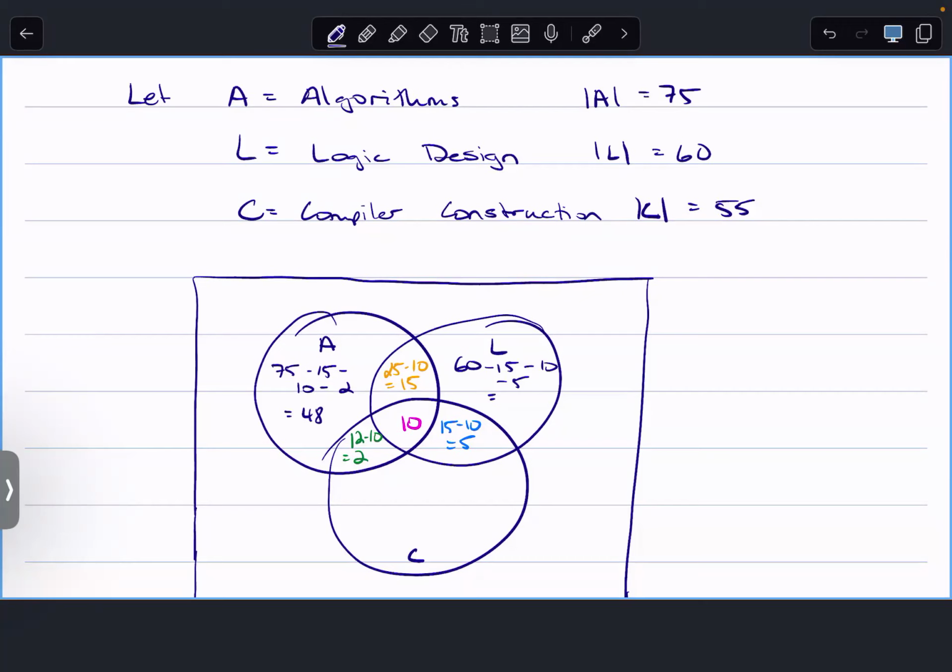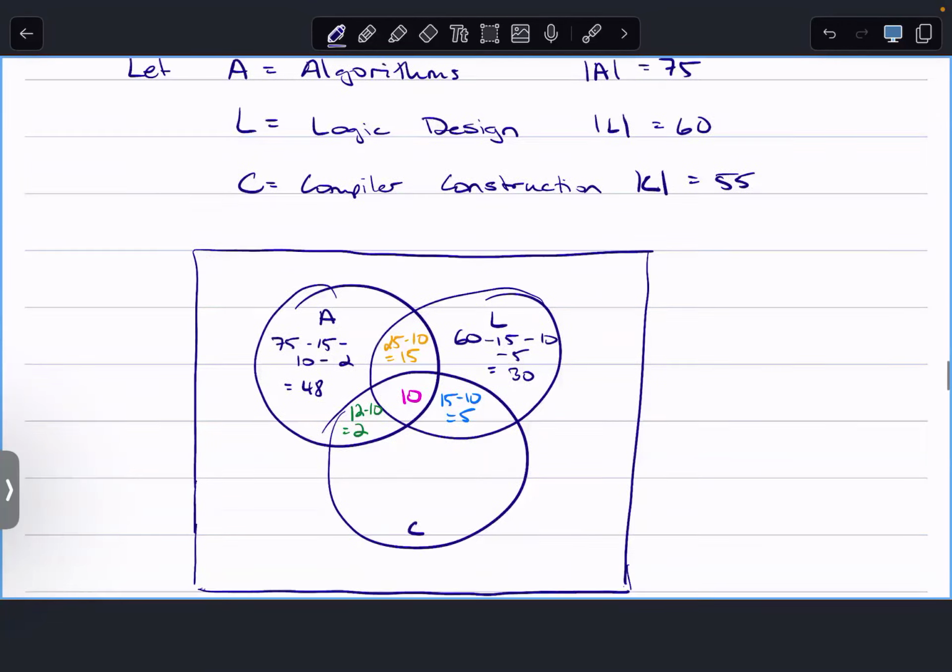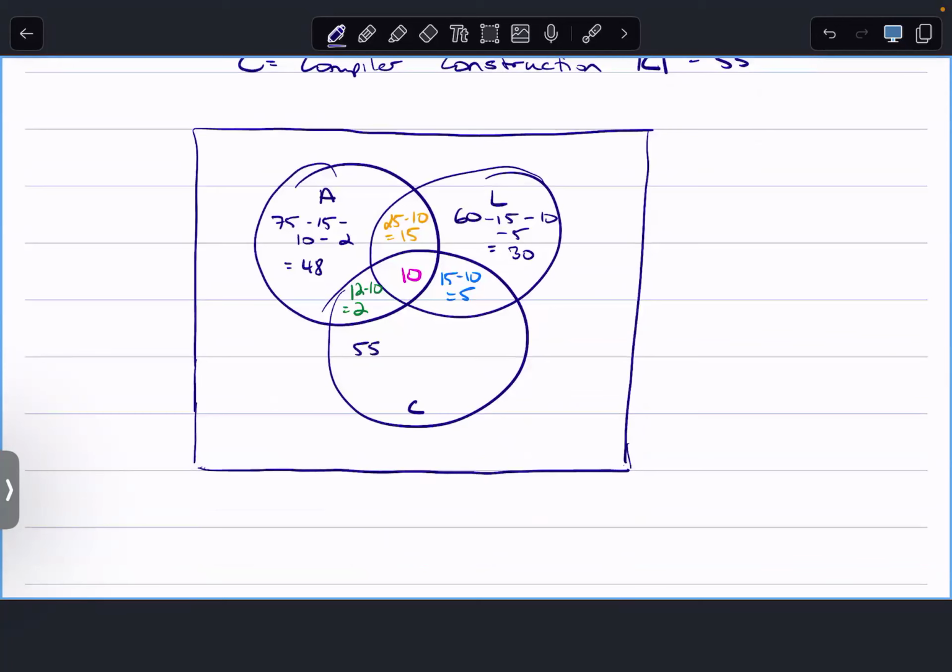That's 30. And finally, 55 minus 2 minus 10 minus 5. It's 38.